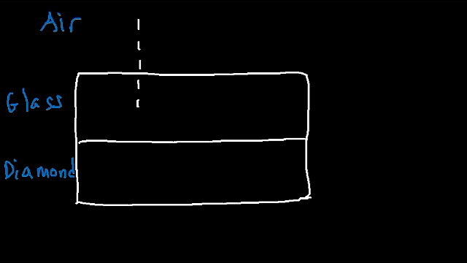Now let's say that light strikes the boundary between air and glass at a large angle of 60 degrees. And then it refracts into glass. And then afterward it's going to refract into diamond.